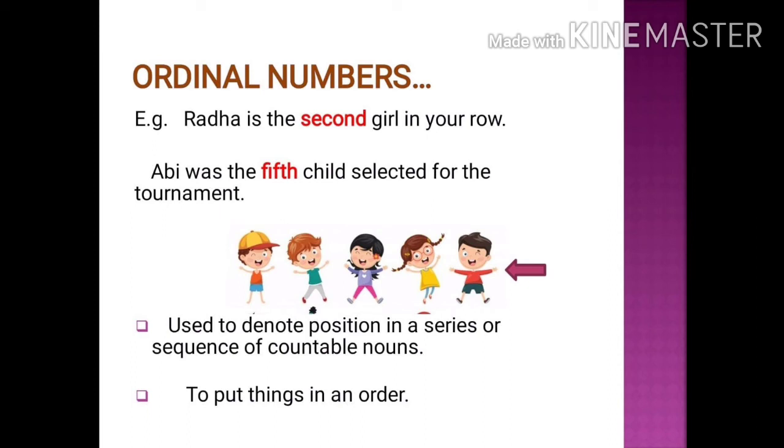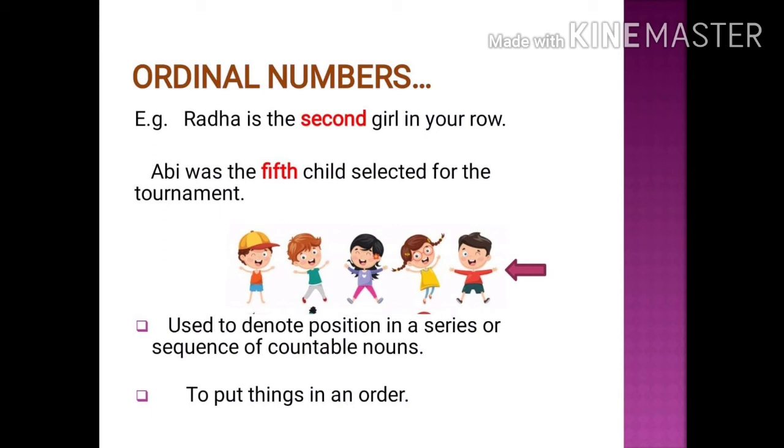In that series, I am telling the position of Radha. Where is Radha? She is in the second position. So, ordinal numbers are used to denote position of a single entity in a sequence. Ordinal numbers are used to put things in order, in sequence.